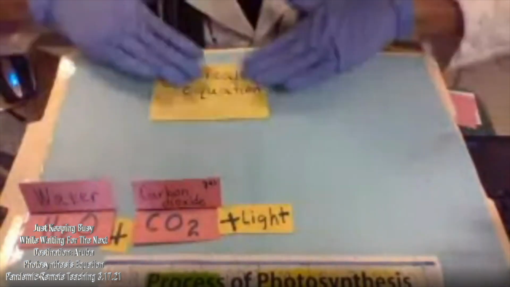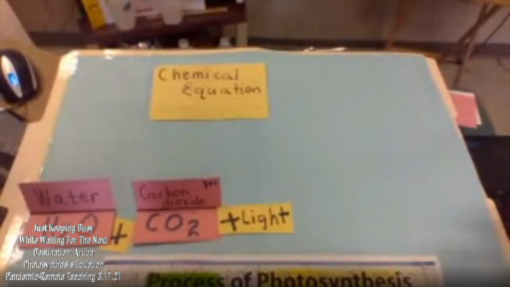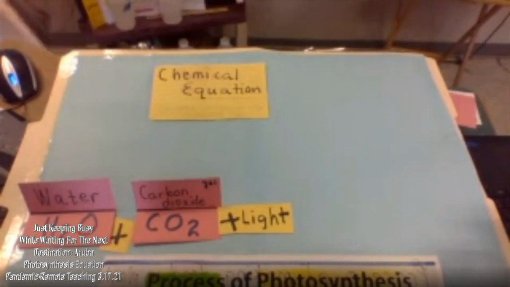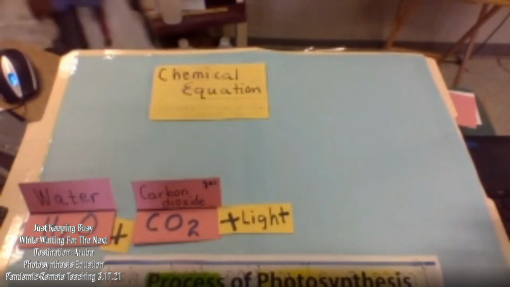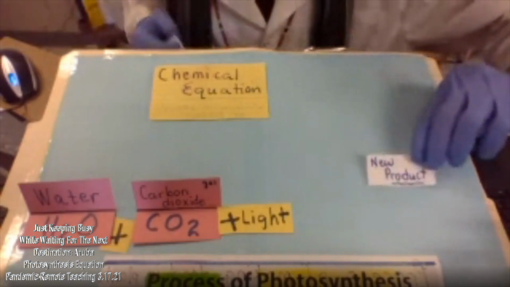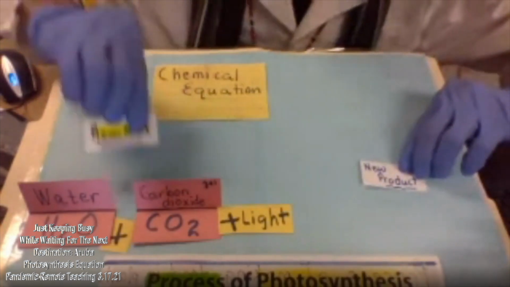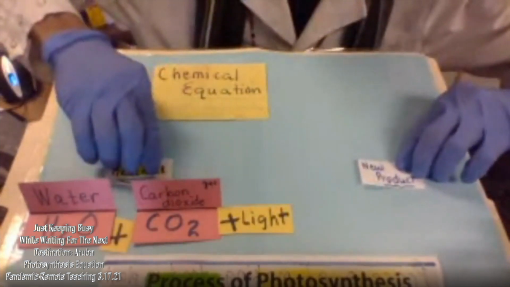Since it is an equation, these are the reactants. Abraham said the product a while ago, right? Abraham said we're going to have a product here, but these are the reactants.